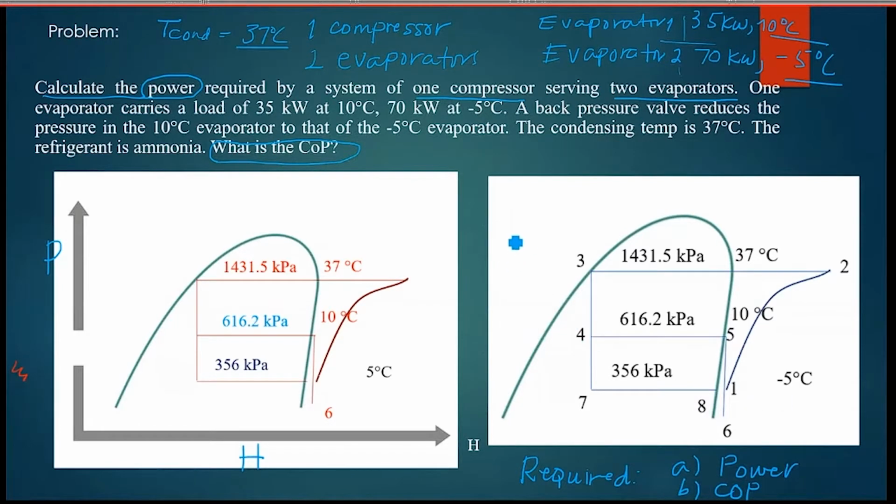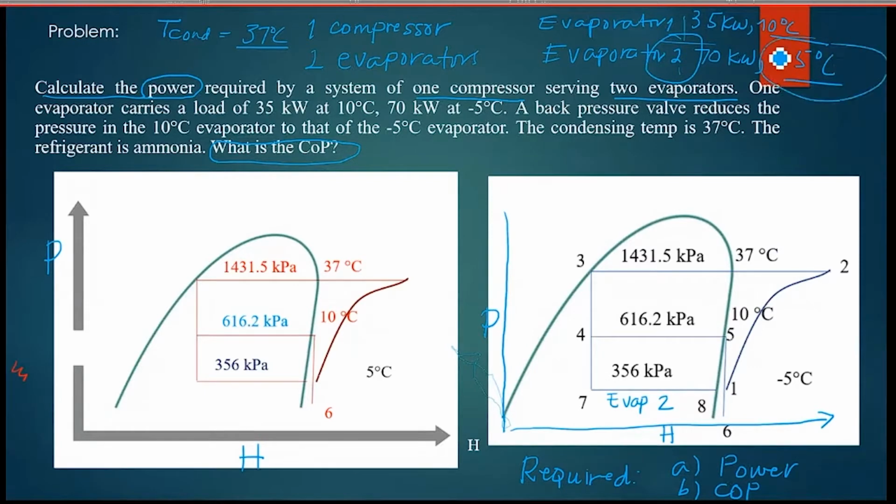So let me put it here. Now we will use the right side because it is already numbered, and I will explain the numbering. This is the P, and this is the H. I will label this as evaporator 2, because 2 is -5.